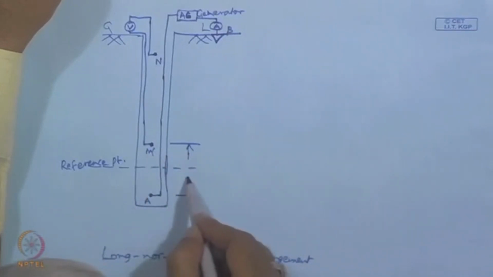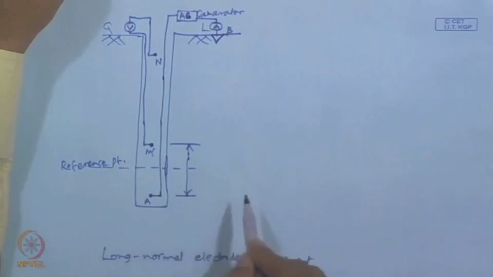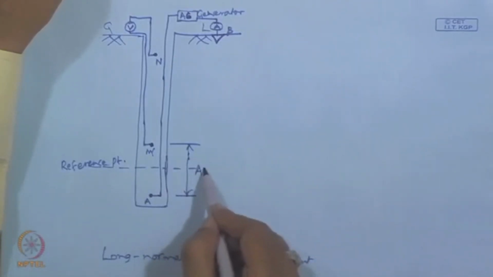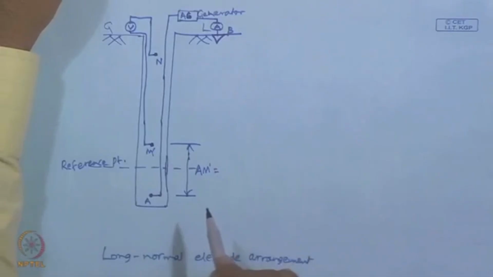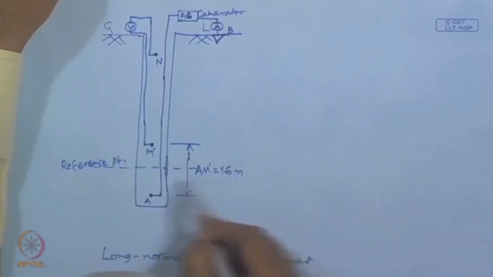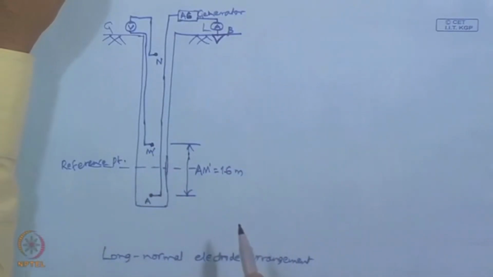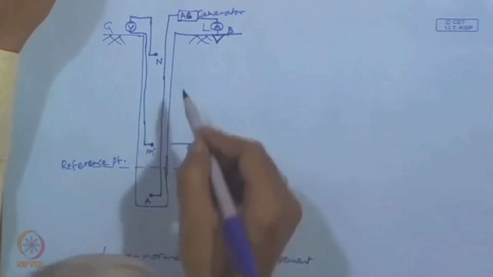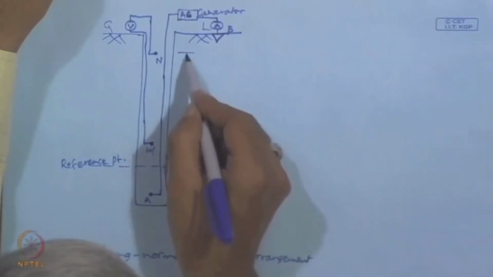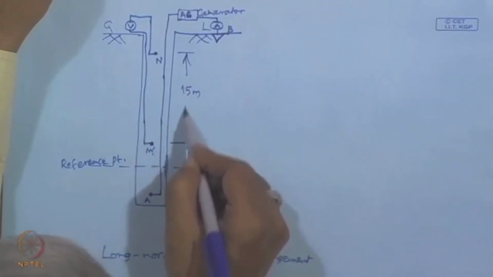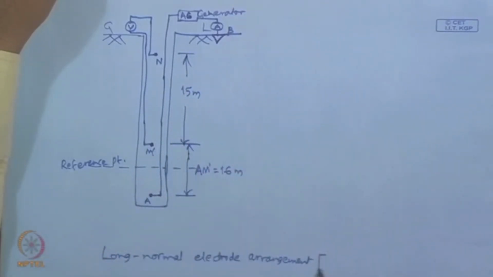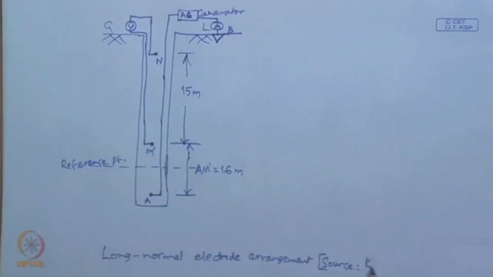The distance adopted, this AM dash, is 1.6 meters, symmetrical with respect to this reference point. And again this M dash N is 15 meters. This is also taken from the same source, Keyes and McCrary, 1971.